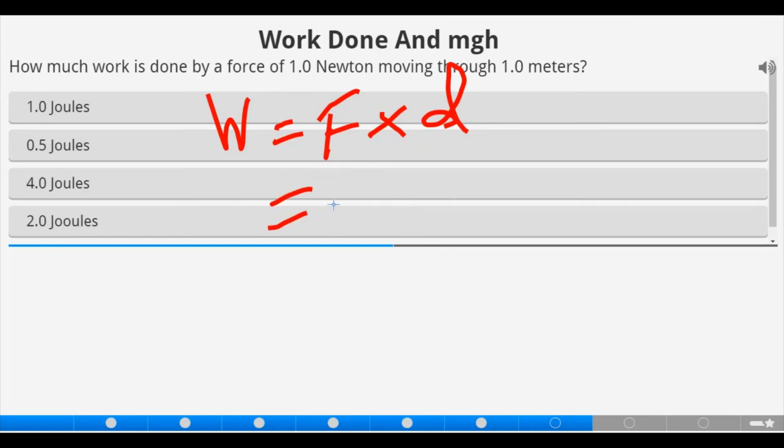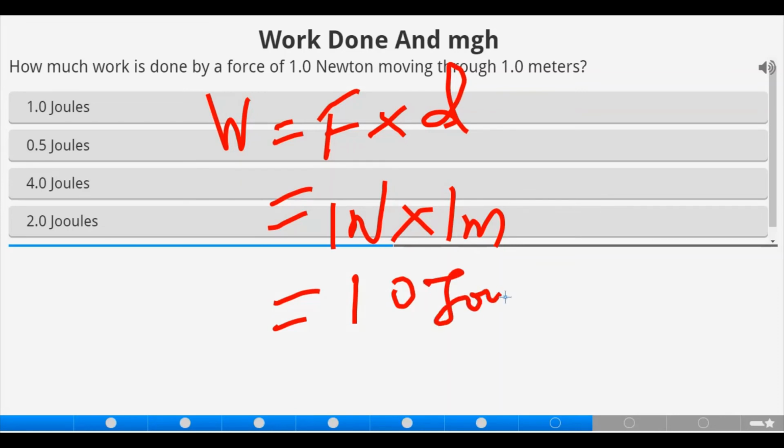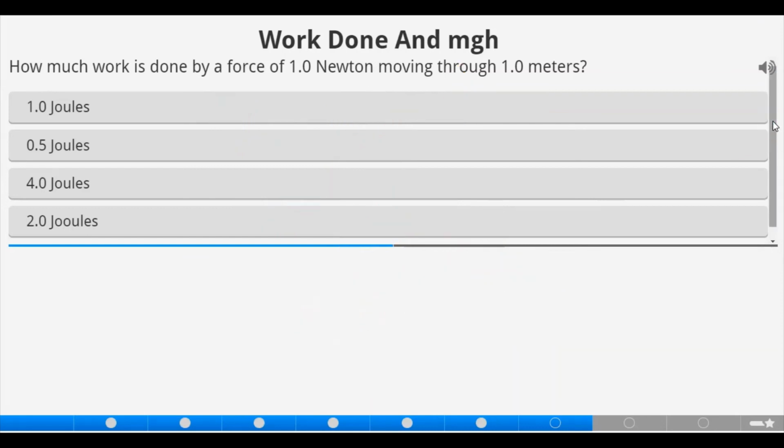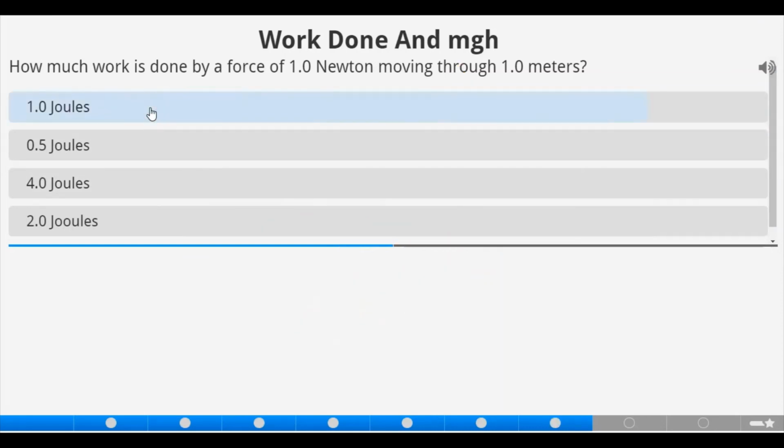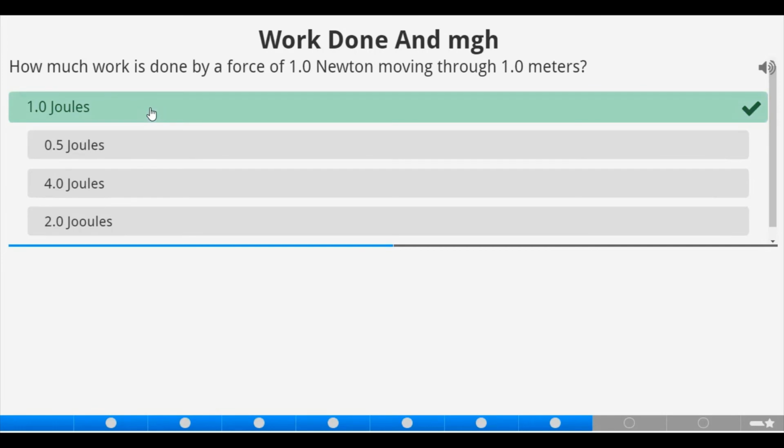I have a force of 1 Newton multiplied by a distance of 1 meter. Don't forget that Newton meter is joule. 1 times 1 is 1. I have 1.0 joules. So that is it. Let's pick our answer and check. That's correct.